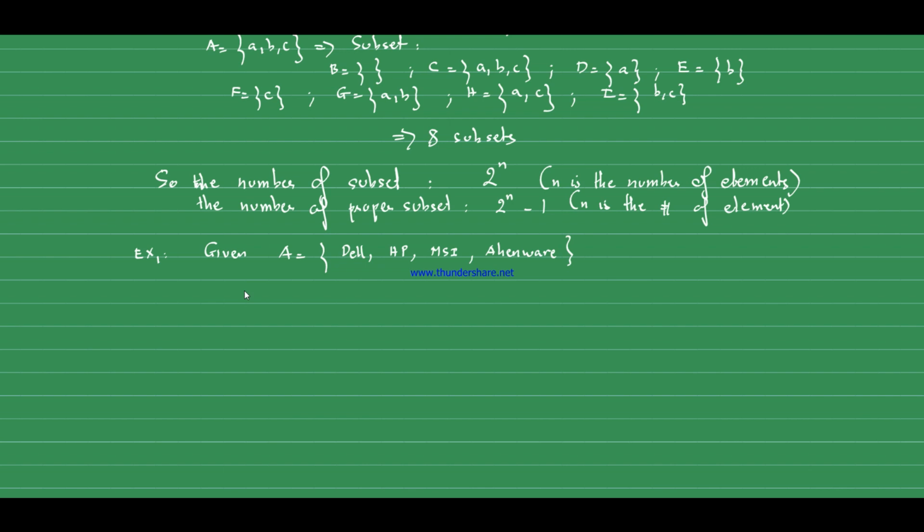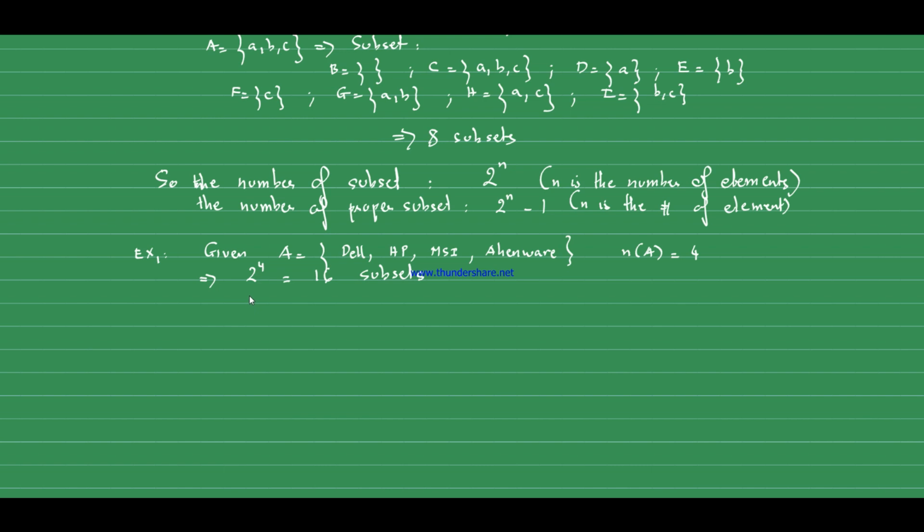And the question is how many subsets we can create. From here we can say that because this has 4 elements, the cardinality is 4. So totally we have 2 to the 4, which is 16 subsets.